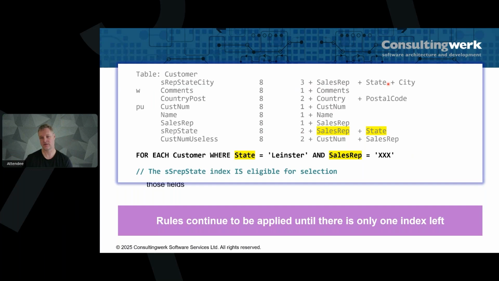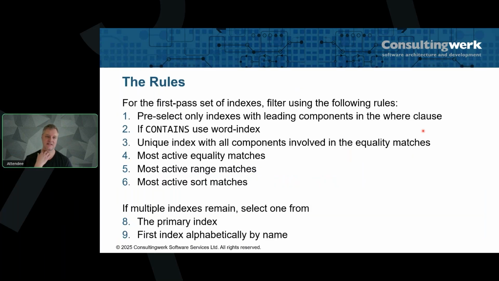Sales rep alone, no, but sales rep and state, those two are. This index is also a candidate for selection because it has sales rep and state in it. That's an important thing to remember, especially when people start coding their queries and they just want to search on these things and they wonder why things are going slowly.